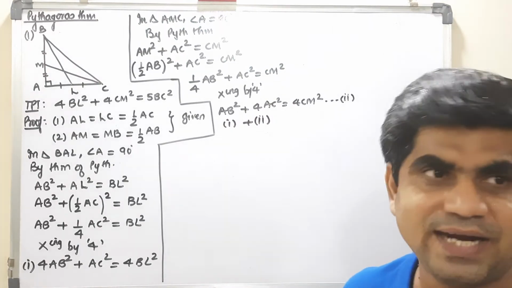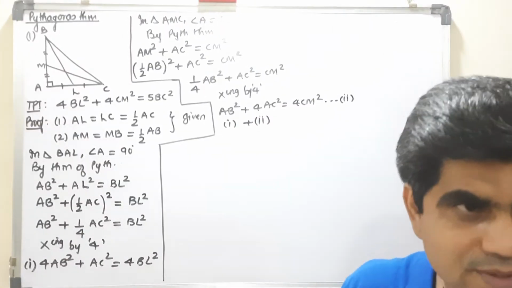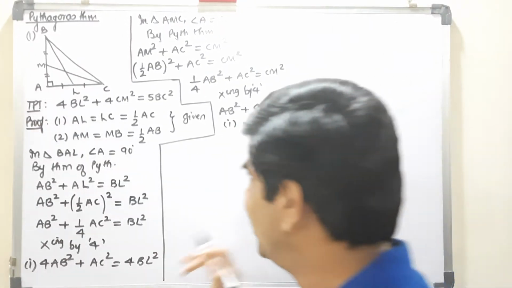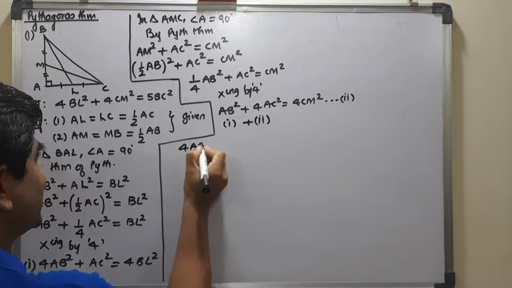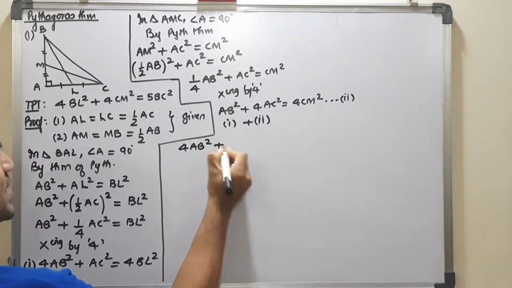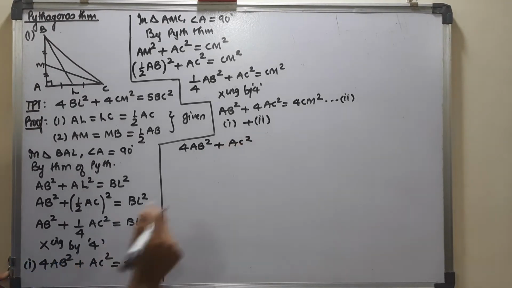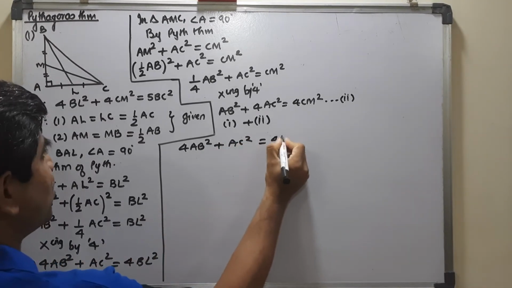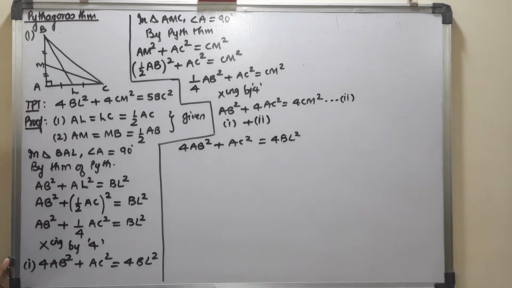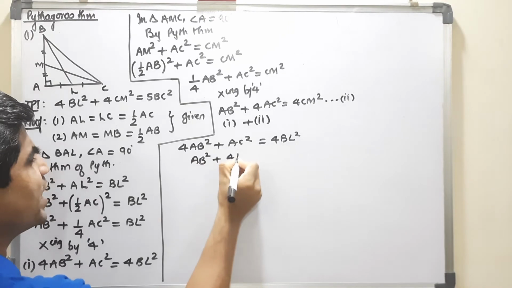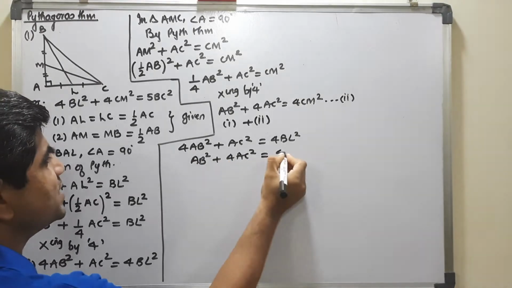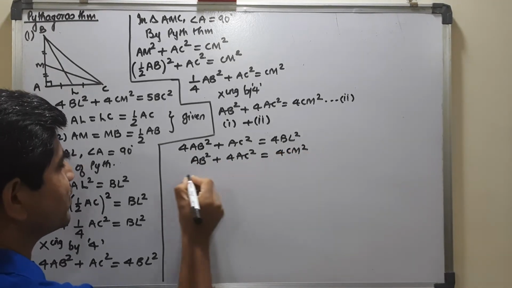So I will add them in that order only. 2 terms to 2 terms, 1 term to 1 term, left to left. So I write here 4AB square plus AC square is equal to 4BL square. Then I write here AB square plus 4AC square is equal to 4CM square.